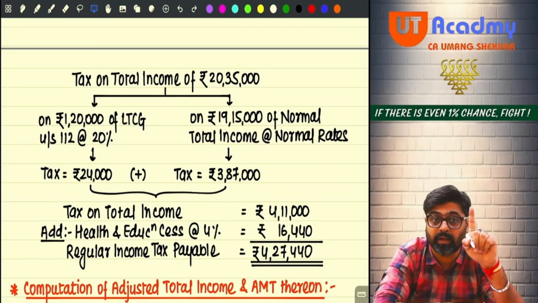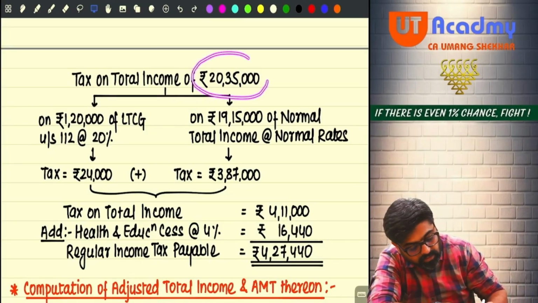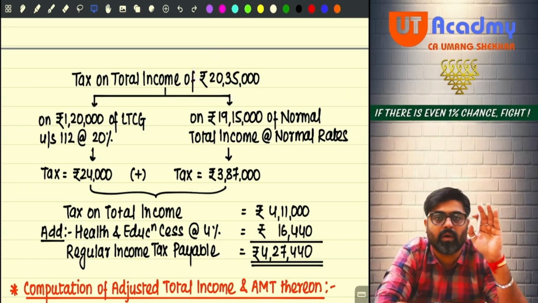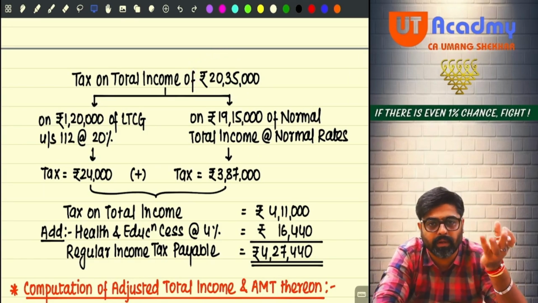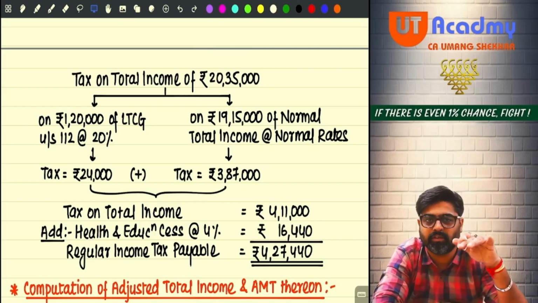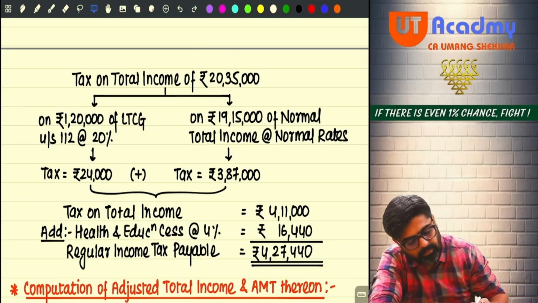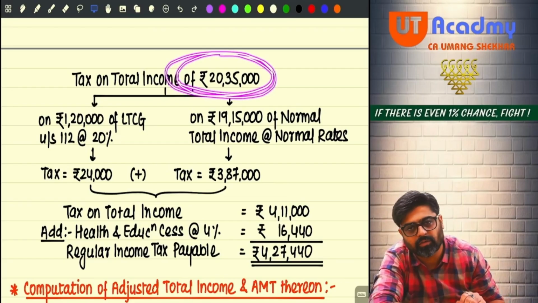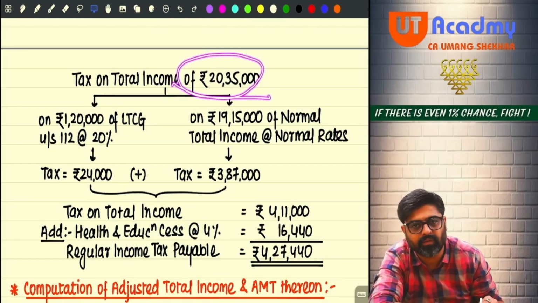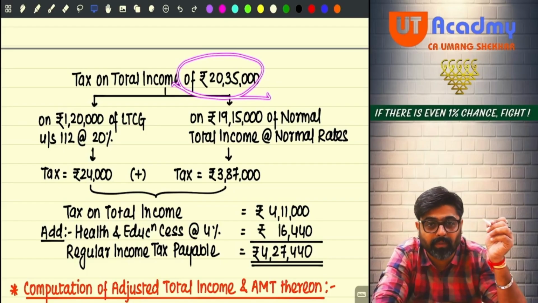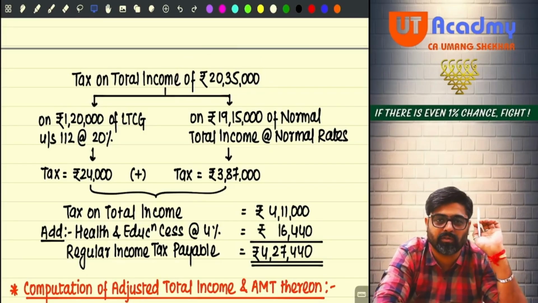This is not my regular tax payable. This is tax on total income, basic tax. Now, if this total income was less than or equal to 5 lakhs, I would have got rebate. But since it is more than 5 lakhs, I'm not going to get any rebate. Wait, is my total income more than 50 lakhs? No. If it was more than 50 lakhs, I would have applied surcharge, but surcharge will also not be applicable.